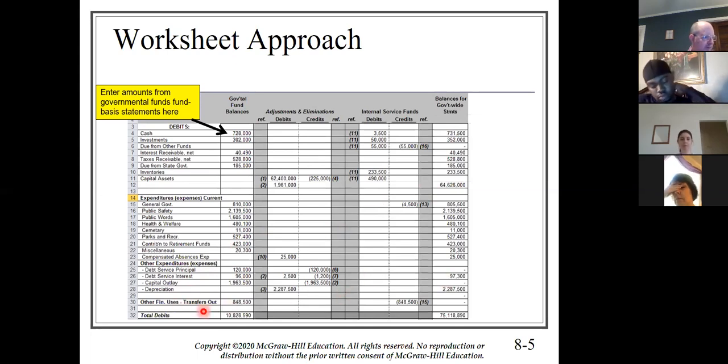This isn't complete because this is just the debits. And if I were setting this up, I wouldn't do it on a bookkeeper's basis with debits and credits. I would do assets, then liabilities balance sheet first, then the expenditures and revenues. But as long as it's all there, it doesn't matter.